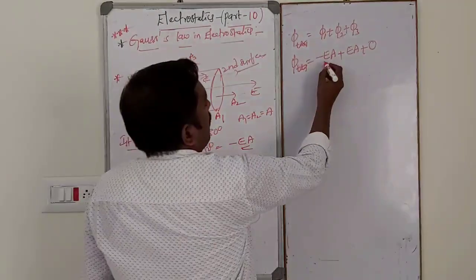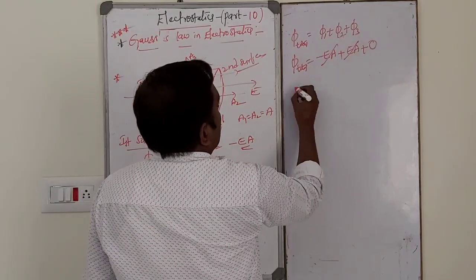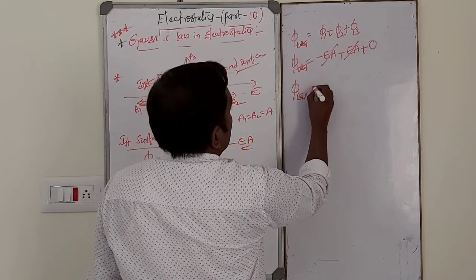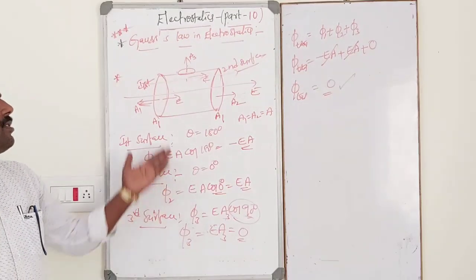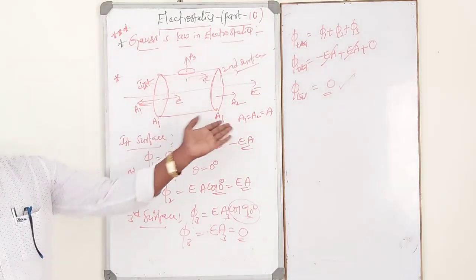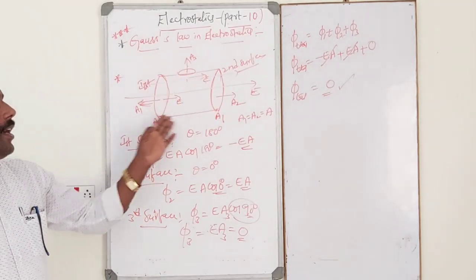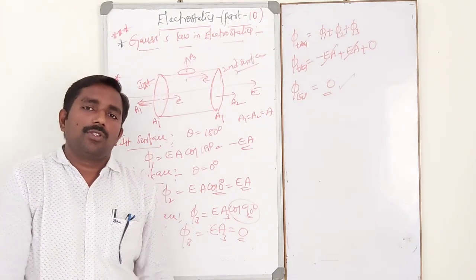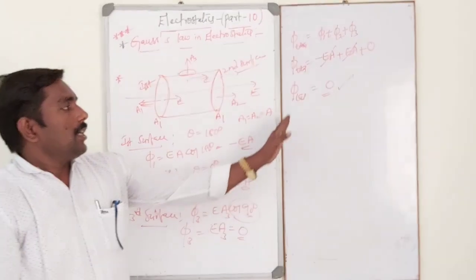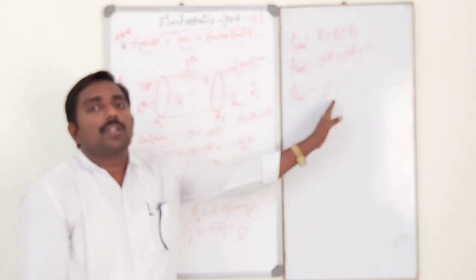See, minus EA plus EA cancel. Total flux is equal to 0. Why? Because there is no charge inside the cylinder. That's why the flux will be 0.